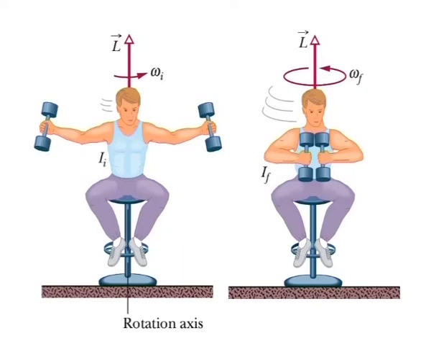In figure A, the student's angular speed ωi is relatively low and his rotational inertia Ii is relatively high. According to equation Ii ωi = If ωf, his angular speed in figure B must be greater to compensate for the decreased If.